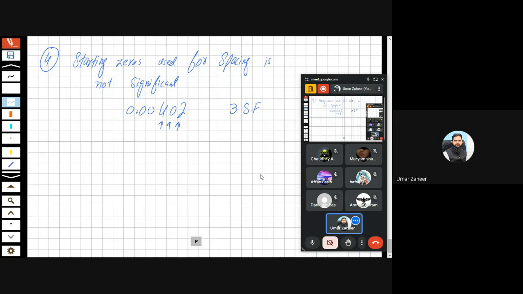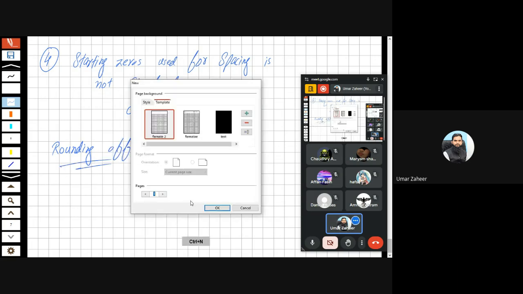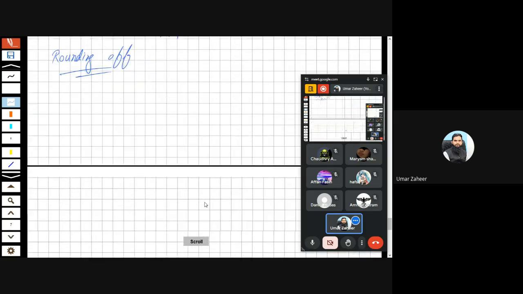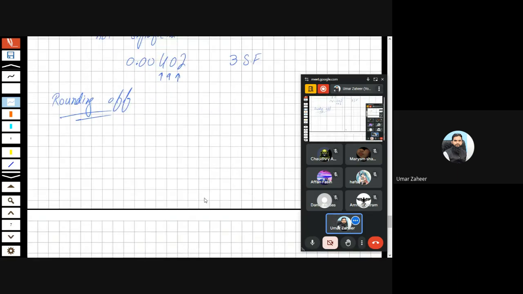All right. Now a small thing is about rounding off. For example, you have a number 42.638. I say that write your answer up to two decimal places. So the second decimal place is this one.